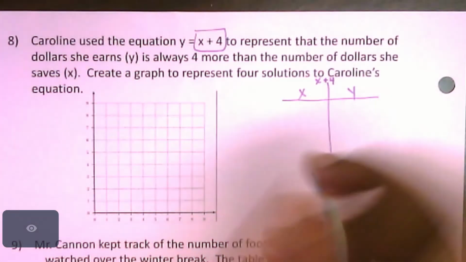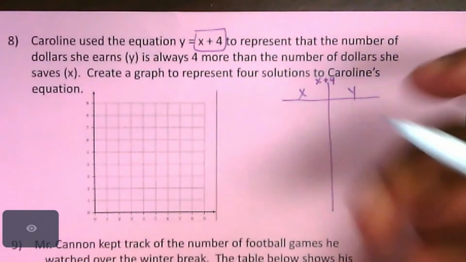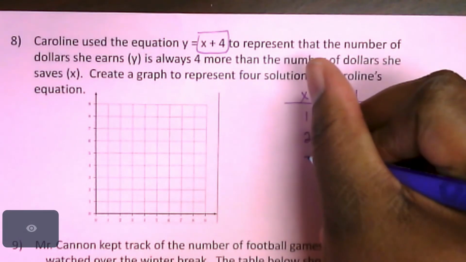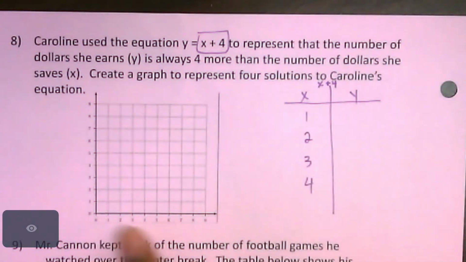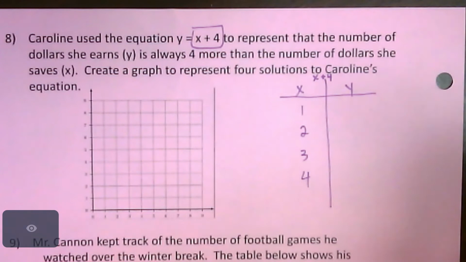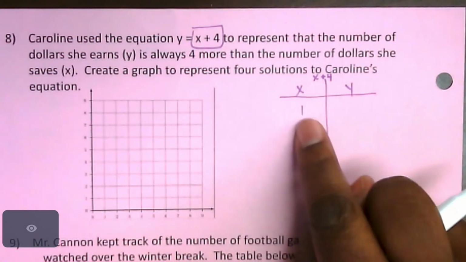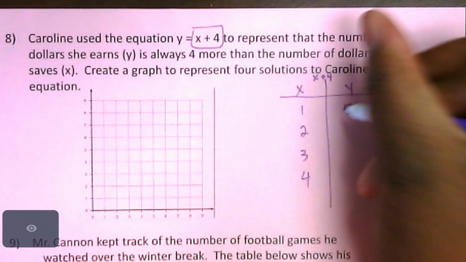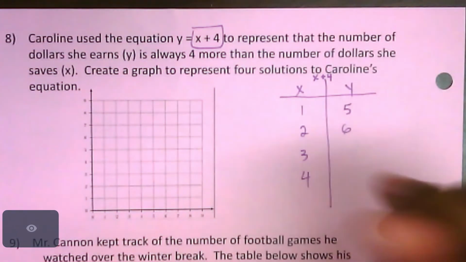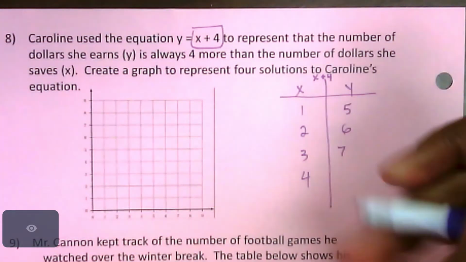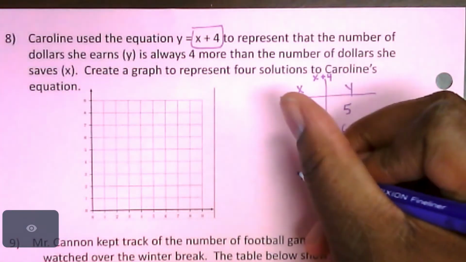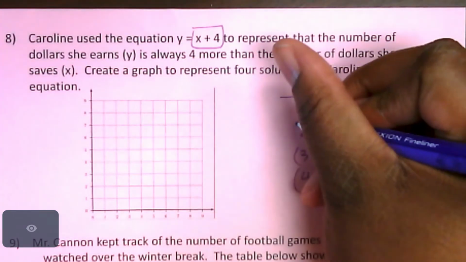All right, so we're going to pull just 4 points, 1, 2, 3, 4, looking at our x axis, and we're going to pop each x into our x + 4. 1 + 4 is 5, 2 + 4 is 6, 3 + 4 is 7, 4 + 4 is 8, and now we have our coordinate pairs.